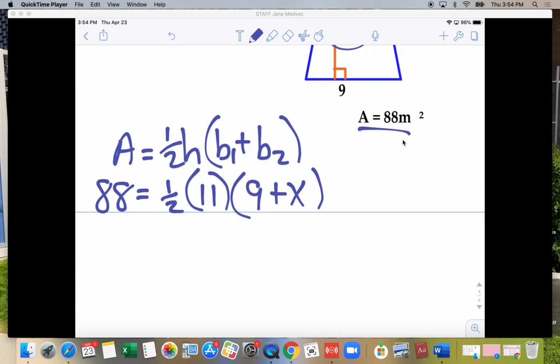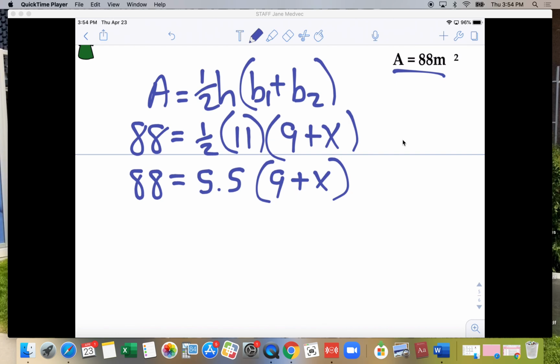I'm going to tighten this up a bit. There's multiple ways of doing it. I think what I'm going to do is 1/2 of 11 is 5.5, times 9 plus X. Then I can distribute.